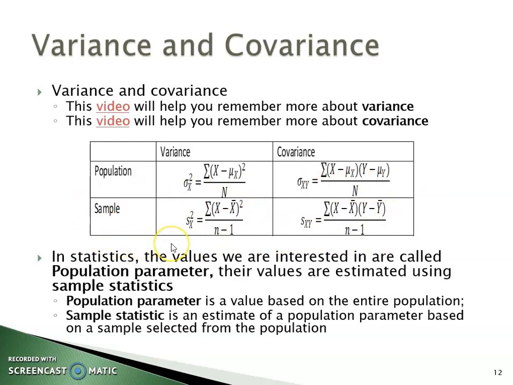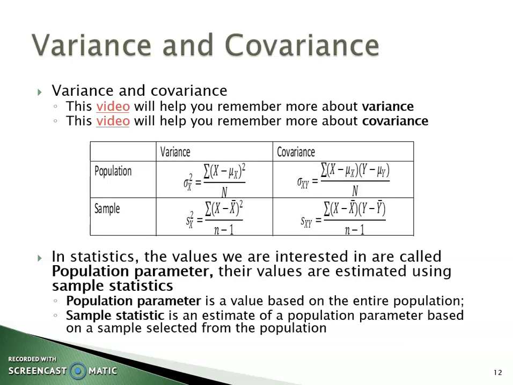Okay. So the next question will be, what is the difference or similarity between correlation and covariance? Well, both of them are used to measure the strength of association between two continuous variables. The difference is that for correlation, you use standardized variables.